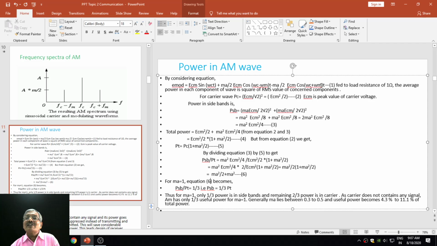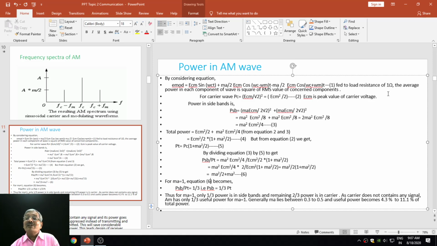So the modulated signal voltage obtained is fed to a load resistance of 1 ohm. Our interest is to calculate the power in the respective components. When voltage is fed to a resistance, the general formula for power is V square upon R. But in this case, R is 1 ohm.